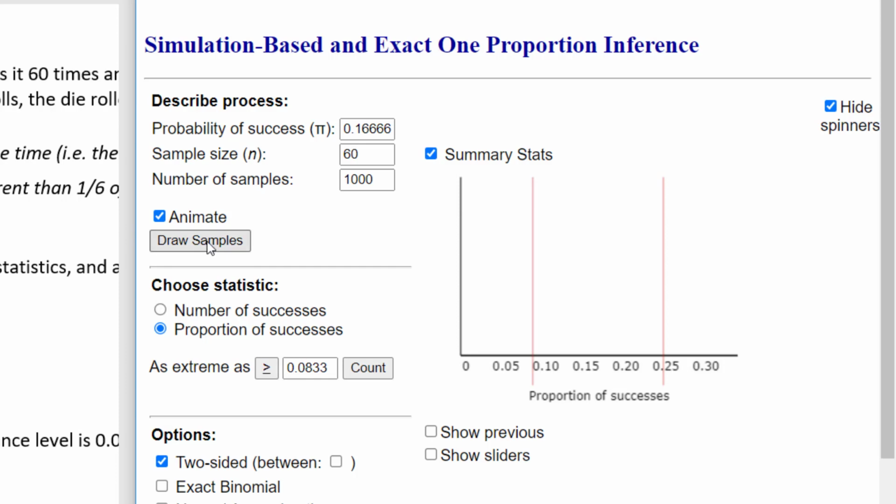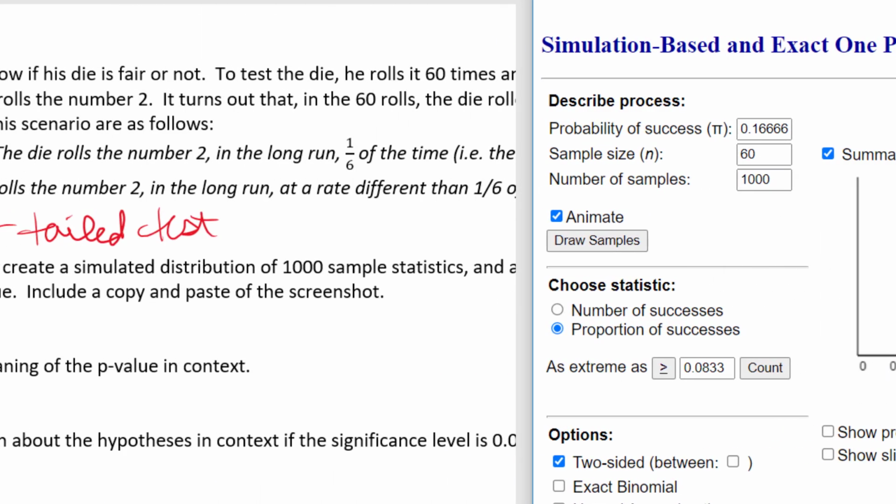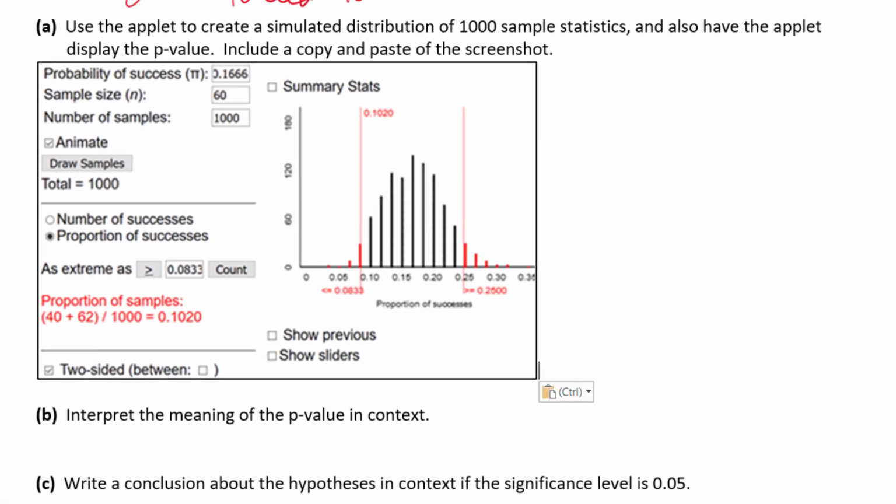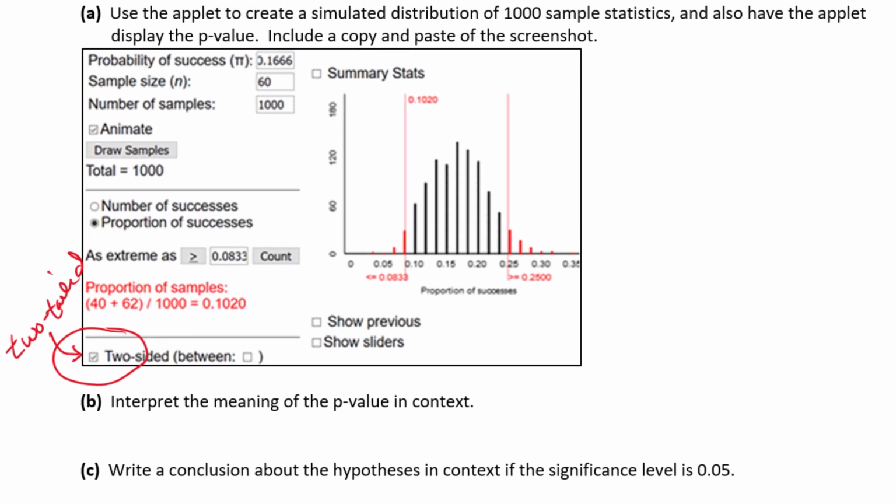And now I'll draw my samples and copy and paste the picture. Okay, so here's the picture, the distribution of sample statistics that I got from the applet. Again, notice to do a two-tailed test, because we had a not equal to symbol, you need to do a two-tailed test where it's counting statistics on both tails. That means you have to come down here and select the two-sided.